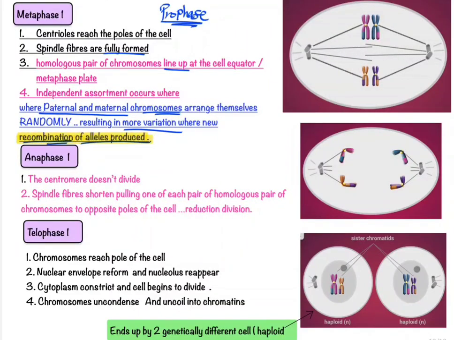Okay? So just simply, the centrioles move here, spindle fibers fully formed. These line up, independent assortment, the paternal and maternal chromosomes arrange themselves, resulting in more variation and more recombination of alleles. I hope you now caught it, and you can now comprehend what I'm saying, okay?